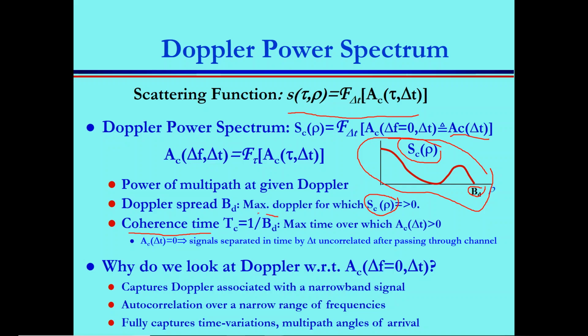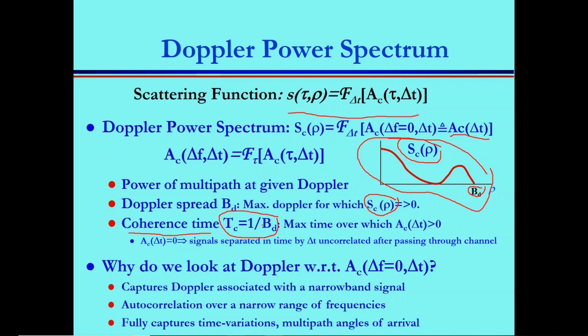Now you have two critical pieces of information: coherence time and coherence bandwidth. Coherence time is related to Doppler spread. Coherence bandwidth is related to delay spread. How do you find them?